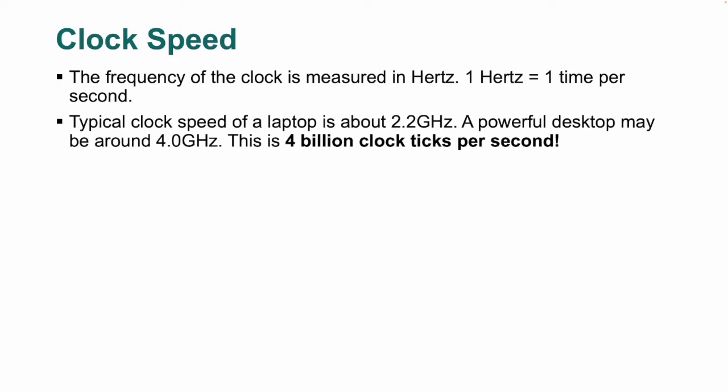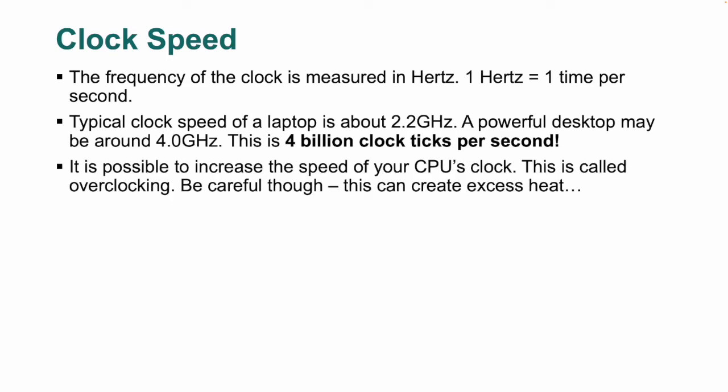This is 2.2 billion hertz. You do get faster ones than this, especially in desktop computers. A powerful desktop for gaming might be about 4 gigahertz. That means 4 billion clock ticks per second. That is insanely fast. It is possible to increase the speed of your CPU's clock, and this technique is called overclocking. But this can generate a little bit of excess heat. Don't do it if you don't know what you're doing.